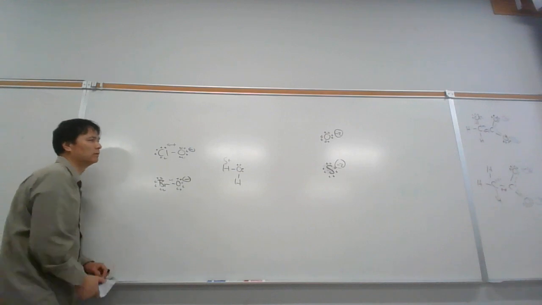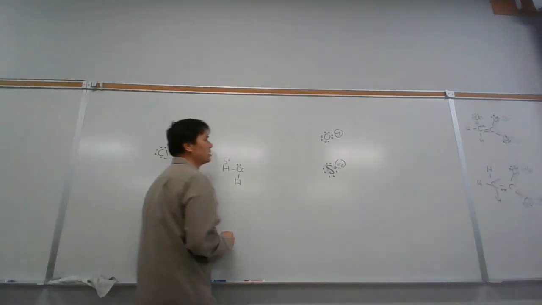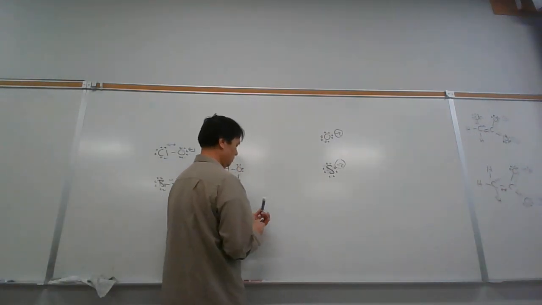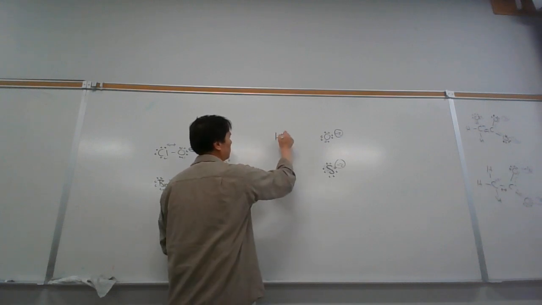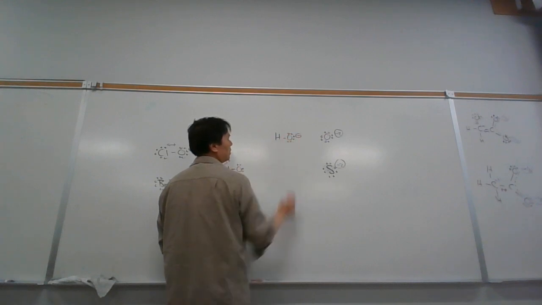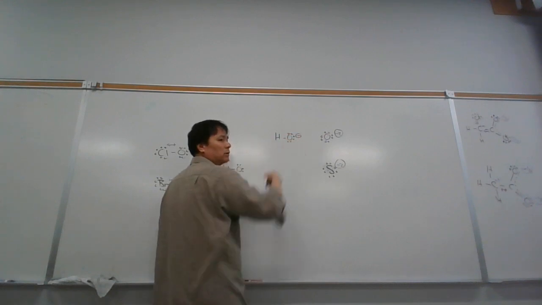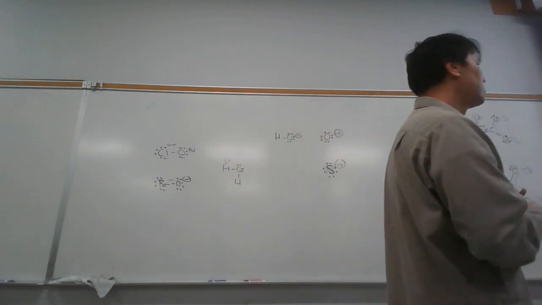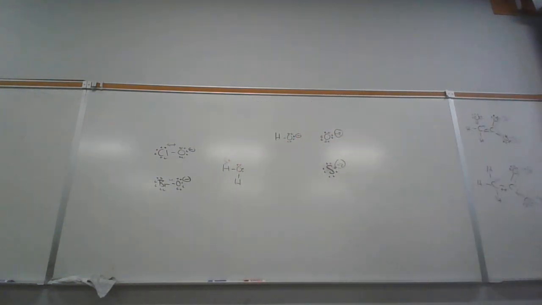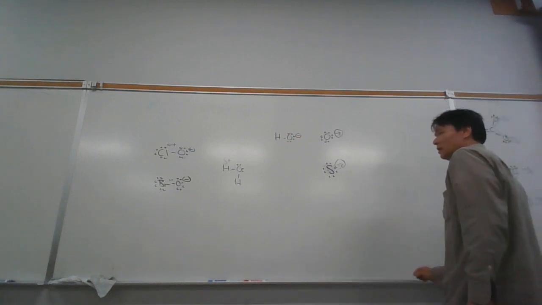What's the more powerful base, hydroxide or oxide? Oxide. Yeah, oxide. Higher charge. So for bases, we look for charge density. How do we lose charge density? We can lose charge density through the inductive effect.